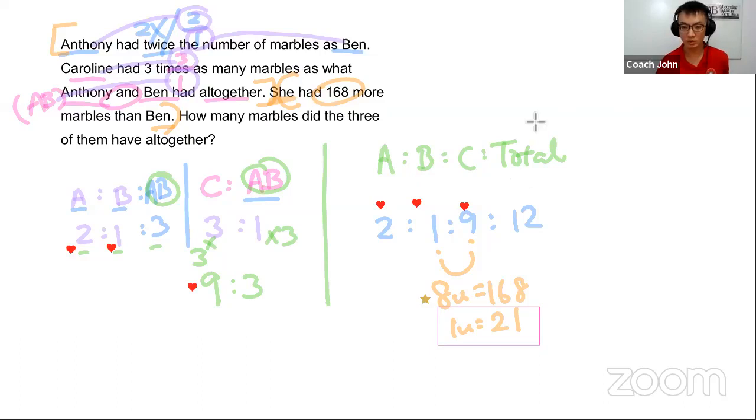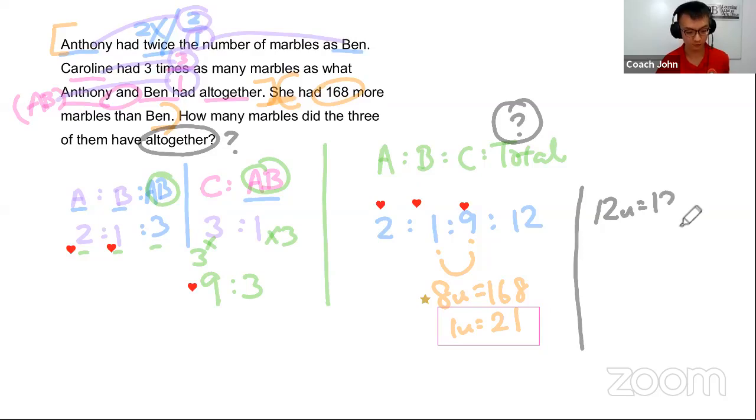After that, you want to ask yourself, where can I put the question mark, which is altogether. So that's the question mark. And your last step, which is your answer, is 12 units, and that's 12 times 21, which equals 252.